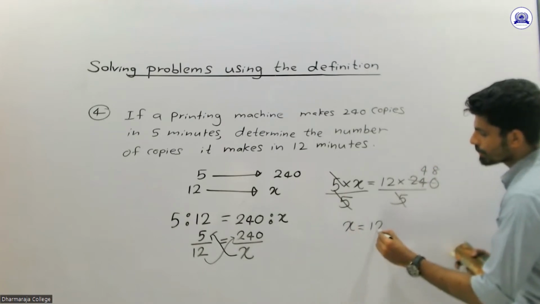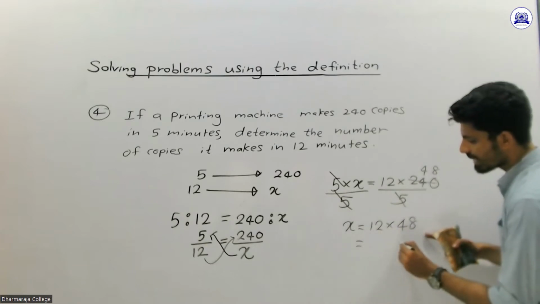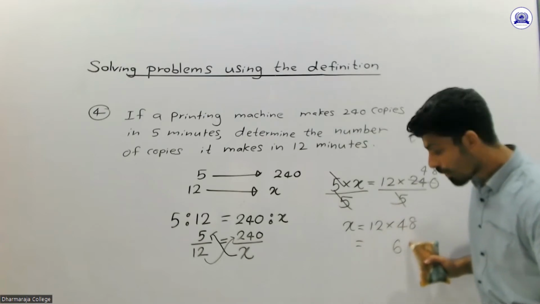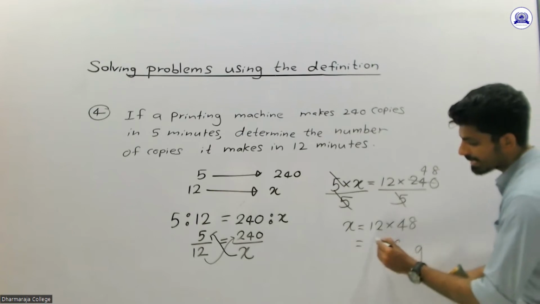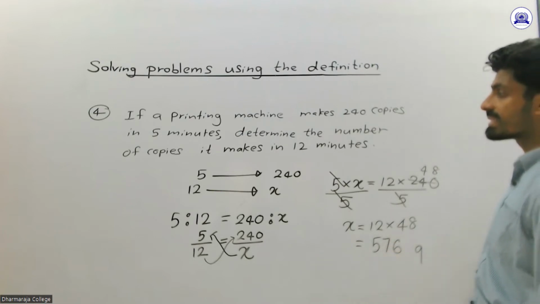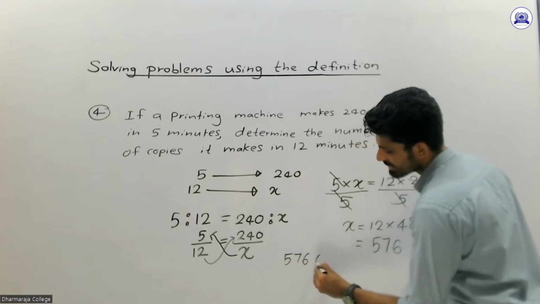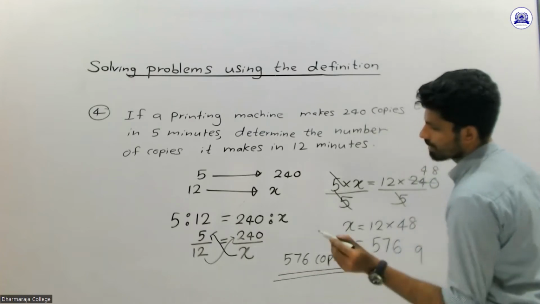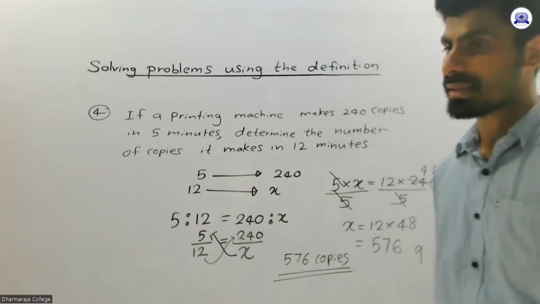X equals 12 into 48. 12 into 8, 96. Remaining 9. 12 into 4, 48. 48 plus 9, 57. So 576 copies is the answer.